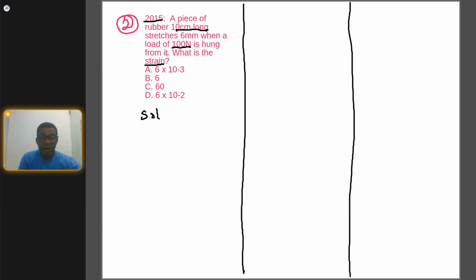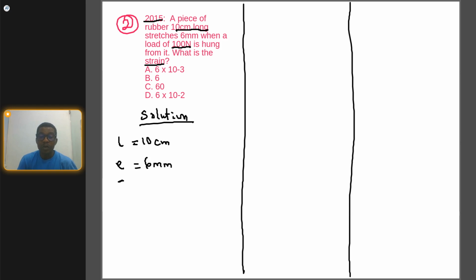First thing is to write out your parameters and do the conversion if necessary. The first value we are given is the length of the rubber. Length is small letter L, which is 10 centimeter. The rubber stretches 6 millimeter, so the extension is 6 millimeter, and the force F is 100 Newton.